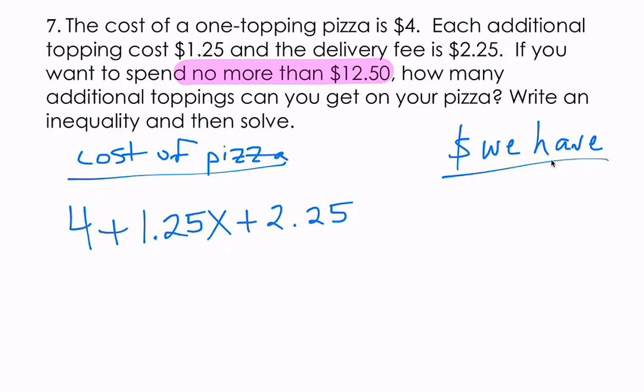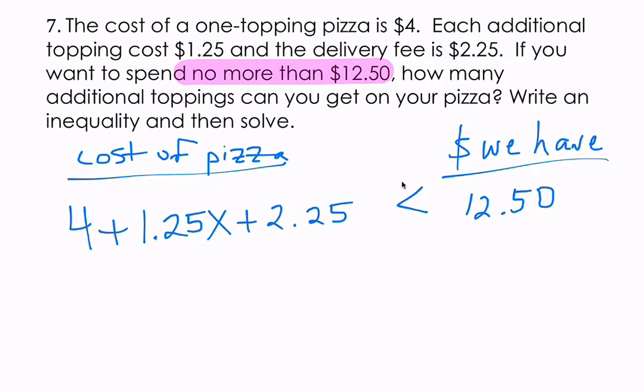Okay, and we need to compare that to how much money we have. Well, it says we want to spend no more than $12.50, so I know we have $12.50. Okay, if we want to spend no more than $12.50, do I want the cost of the pizza to be greater than $12.50 or less than? Well, if I want to spend no more, that means I want the pizza to be less than what we have. The cost can't be more than what we have, or else we can't afford it, right?